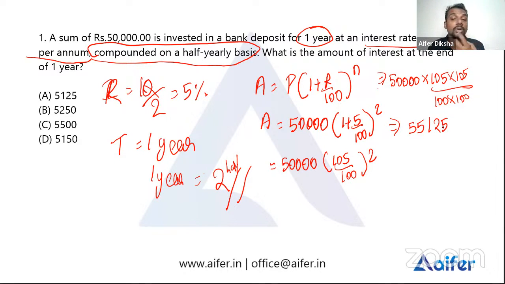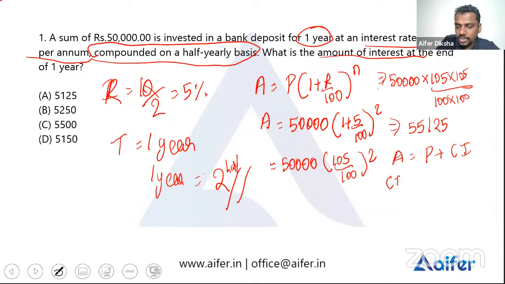The question is not about merely the amount. We have the amount of interest. So we have amount equal to principal plus compound interest, from which we can write compound interest equal to amount minus principal.